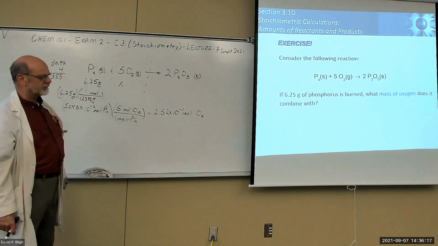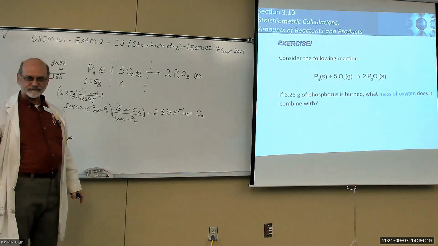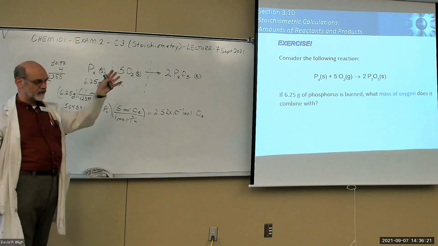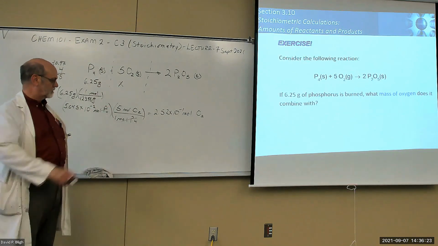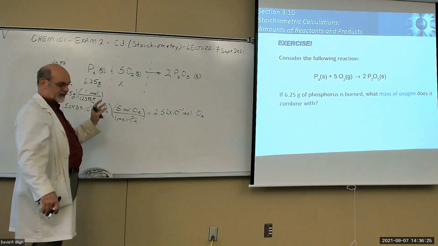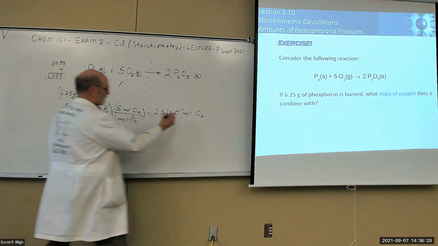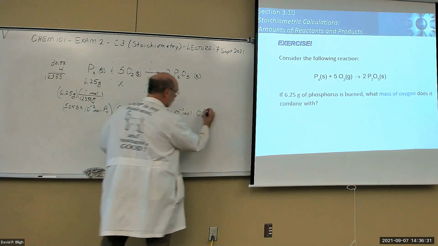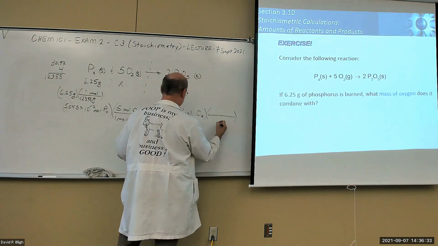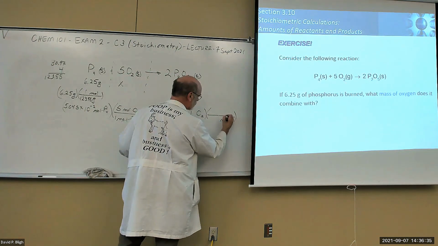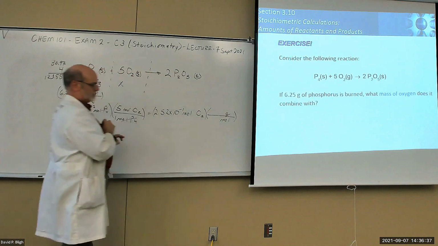Now, what was the question again? Mass of oxygen. I always have to go back to the question and keep myself from, as my dad would say, jump on my horse and ride off in every direction. So we're going to convert this to grams. So we're getting rid of moles and leave us with grams.